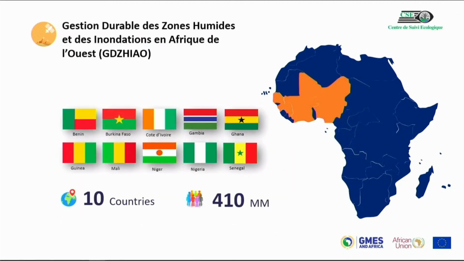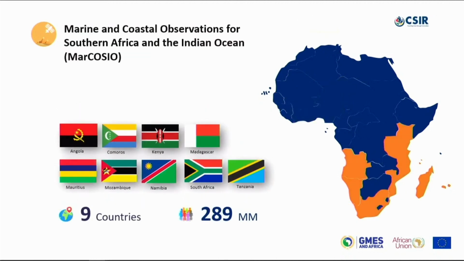We move to the next one, CSE of Senegal. They work on gestion durable des zones humides et des inondations en Afrique de l'Ouest. And they also cover 10 countries with a population of more than 410 million. The next, CSIR from South Africa, they have 9 countries they are working with, and also 289 million population that could be potential beneficiaries of the project.